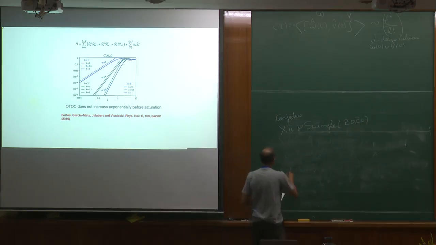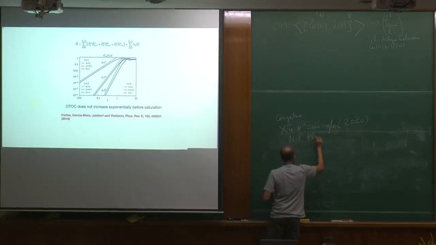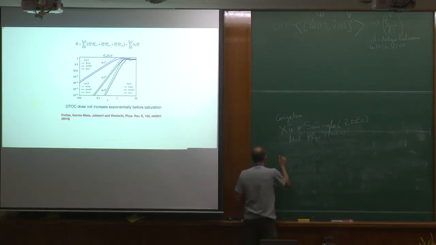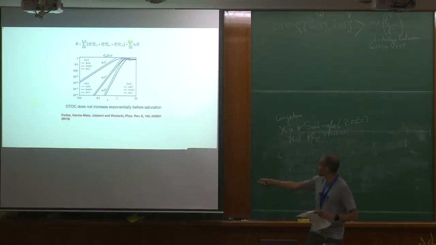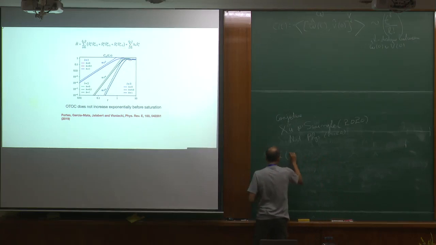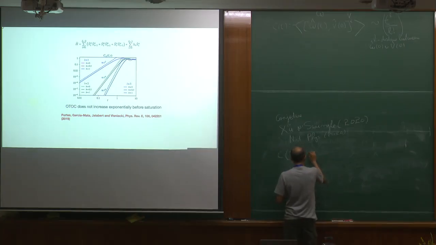But this is, I think, Nature Physics from 2020, where they propose the following form for the O torque after the power law growth has been saturated. So basically something that applies to this region here, where they say that the O torque has the following form. So let me just write this down and I'll tell you exactly what this is.